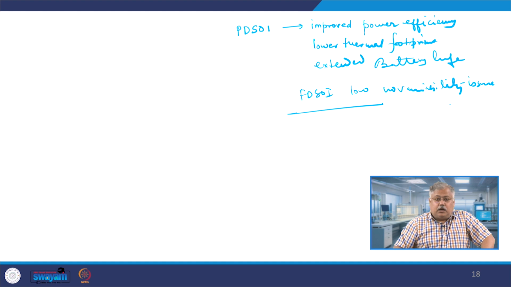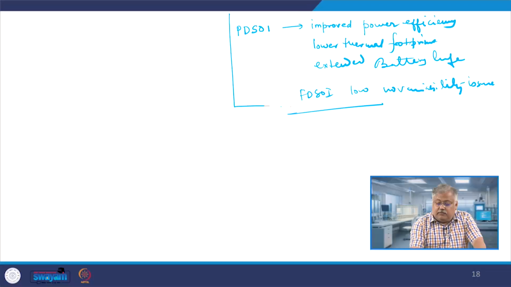Variability means that because of process or doping, if there is a small variation, how does it influence the overall electrical characteristics of FDSOI. So what we have come to learn is that FDSOI typically has much better reliability in terms of process variability issues. We can generate very complicated analog circuits using these technologies at much lower voltages.